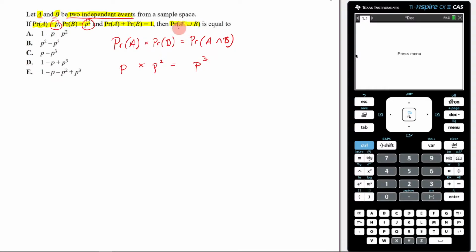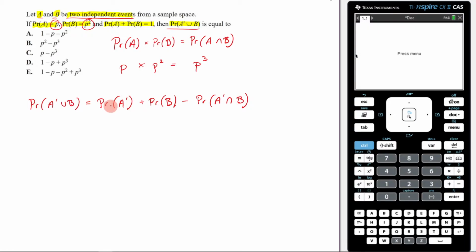Now, what do we want to find? We want to find the probability of A complement union B. I can use my addition rule here, which will tell me it's the probability of A complement plus the probability of B minus the probability of A complement intersection B. Perfect.